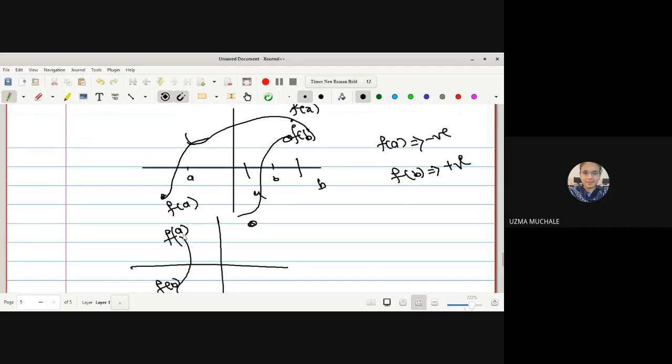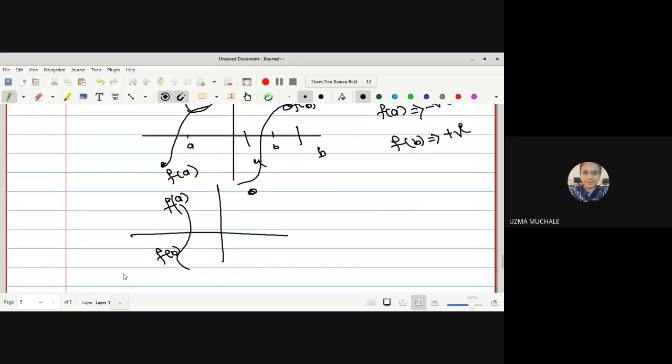If the interval is like this, suppose this is A and suppose here is B. What you can predict, whatever intersection we are getting on the x-axis, this will be the root, no? Here what will come is f of zeta or f of any number.